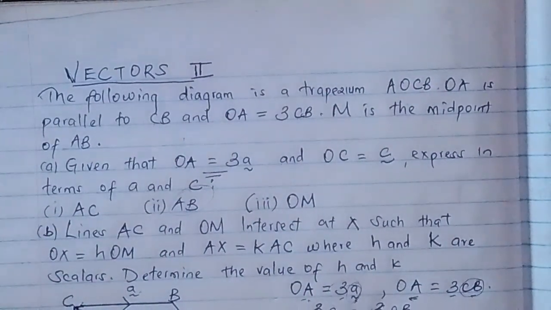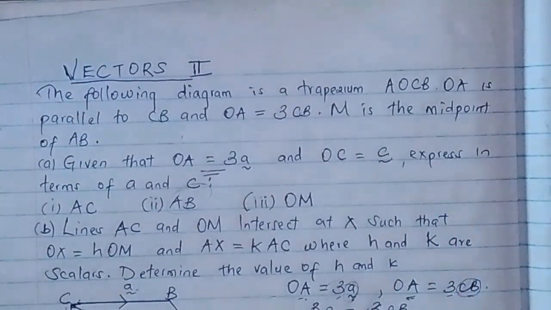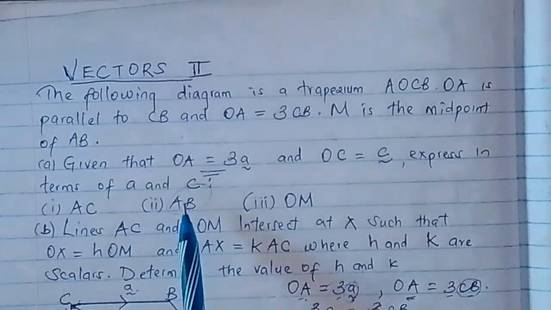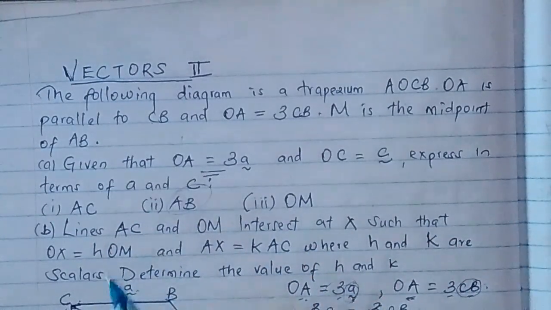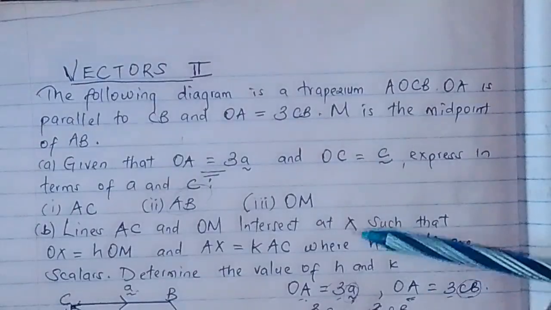Given that OA is equal to 3A and OC is equal to vector C, express in terms of A and C: AC, AB, OM.